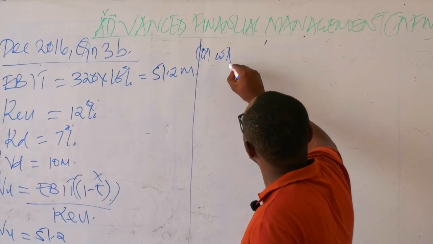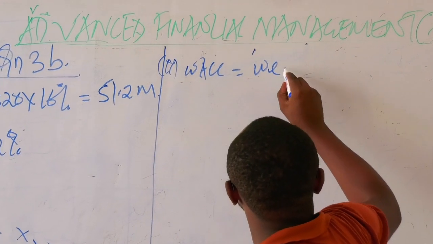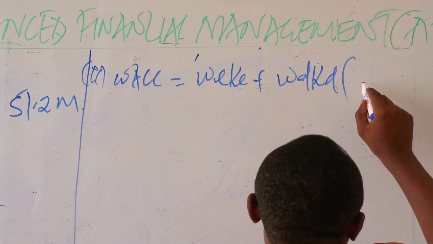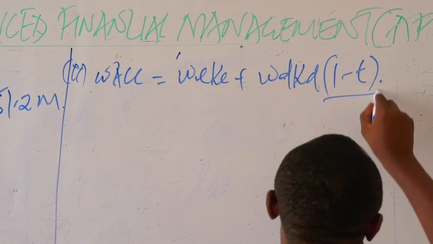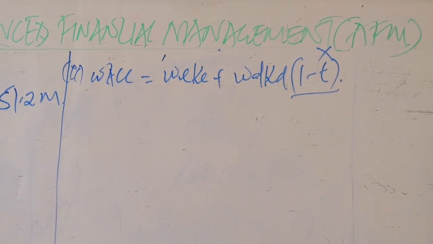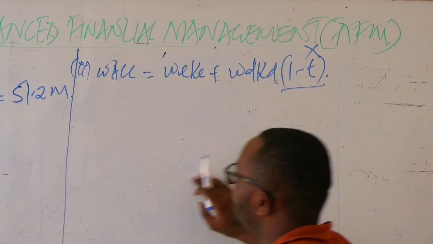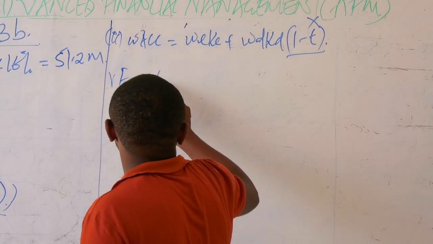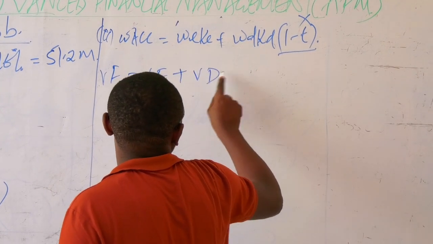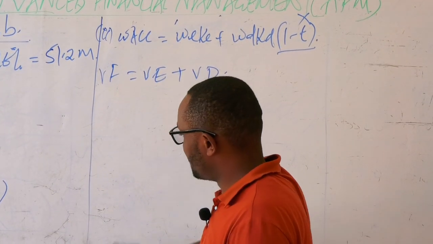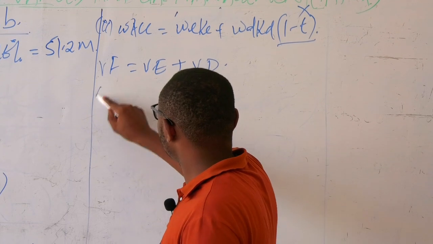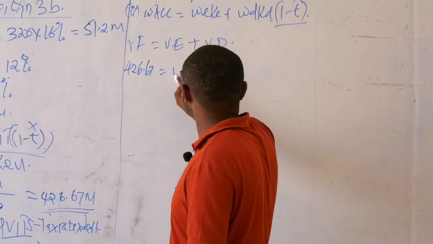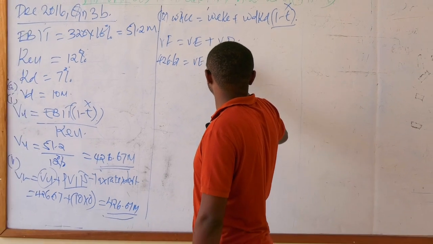They are asking us for WACC. WACC is equal to weight of equity times cost of equity, plus weight of debt times cost of debt, times 1 minus T. But here we are not going to use this because we are being told without taxes. Here we talk about the value of the firm. The value of the firm is value of equity plus value of debt. The value of the firm is 426.67, equal to value of equity. Equity we don't know, but value of debt we have, which is 10.